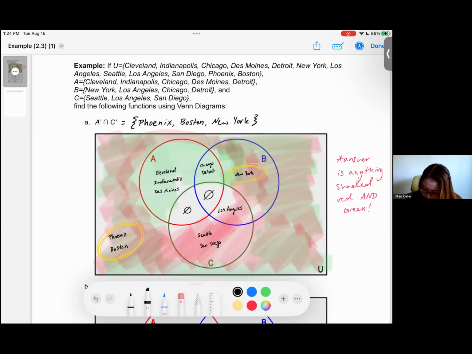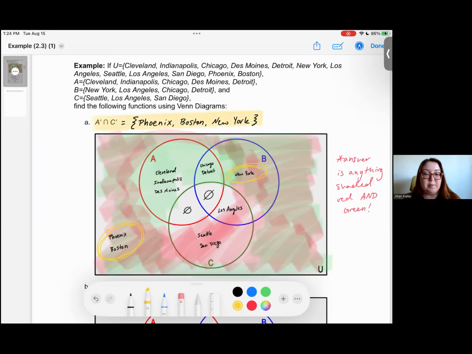And that would be our answer. So when we use shading, we're looking for the overlapping colors, things like that. So it gives us a much better visual than if we just wrote it out or slashed out elements or anything like that. So this gives us a really good visual.